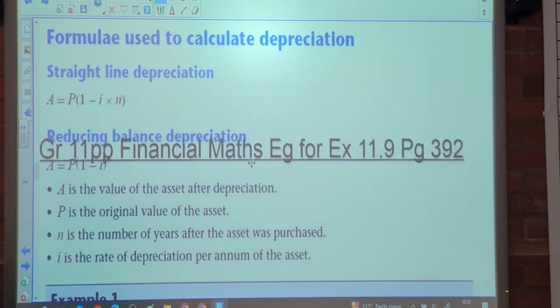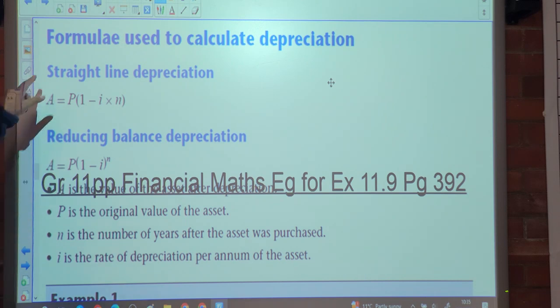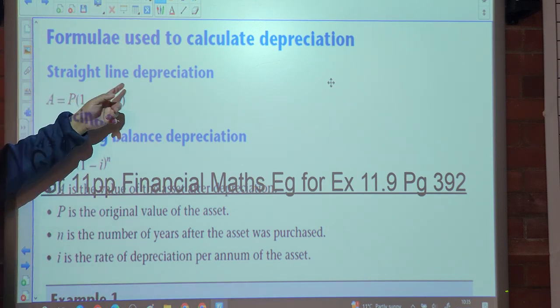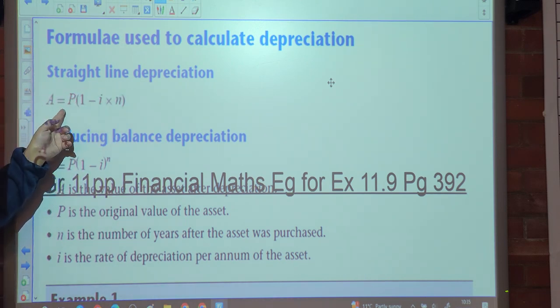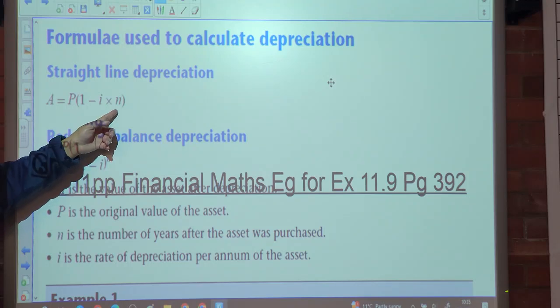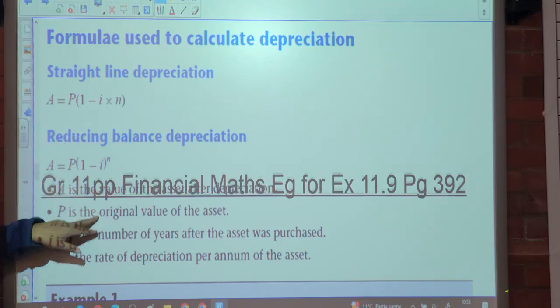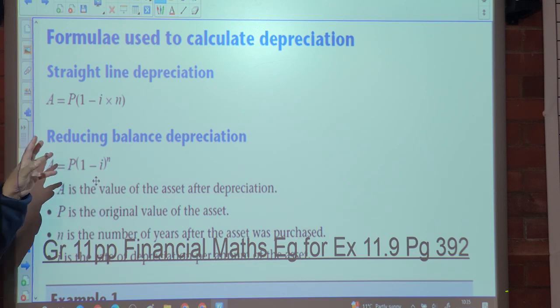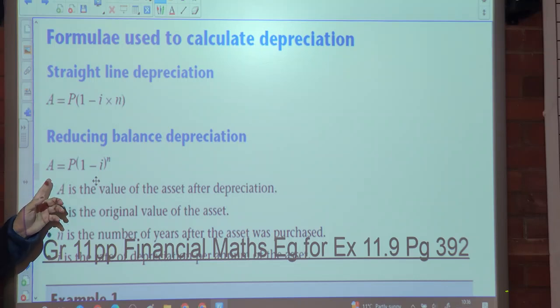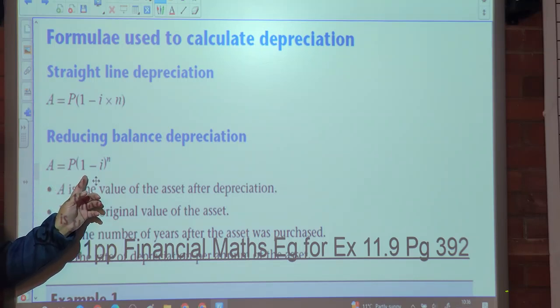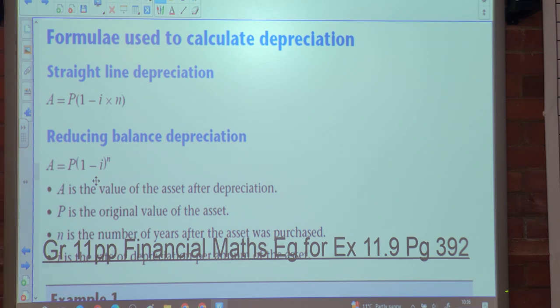Formulas used to calculate depreciation. You can write this down. Straight line depreciation follows the formula A = P(1 − i × n), while reducing balance depreciation, also known as diminishing balance depreciation, uses the formula A = P(1 − i)^n.